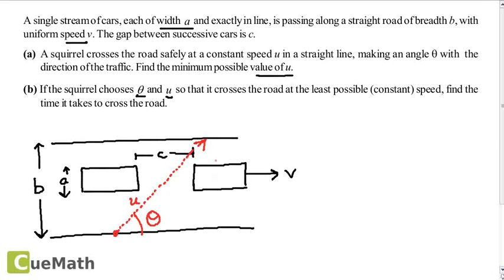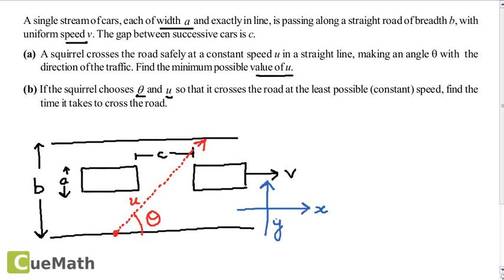Now first of all, let's understand the geometry of the situation better, because this is a dynamic situation and you will have to do some bit of visualization here, how the squirrel is moving and how the cars are moving. So let us define the direction in which the cars are moving as the x direction, and let us define the direction perpendicular to the road as the y direction.